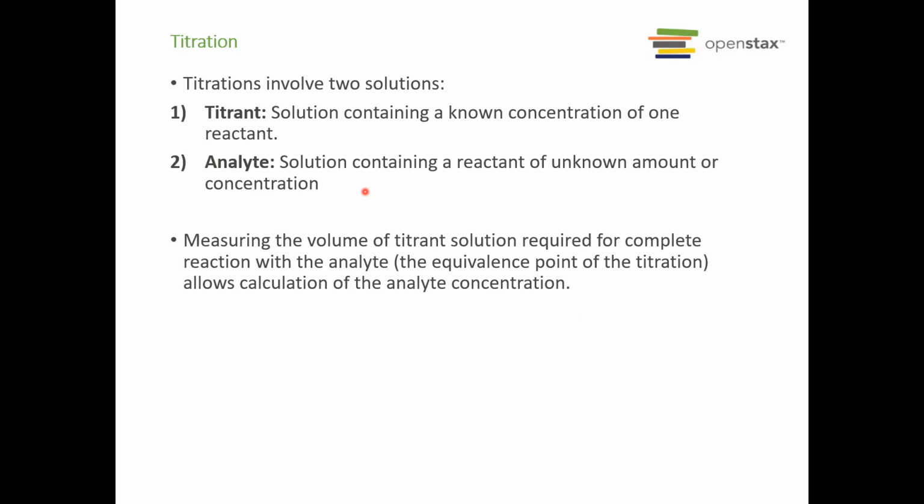But if you think about it, we had two solutions. One of them was the sodium hydroxide, and one of them was either vinegar or KHP, potassium hydrogen phthalate. We also had one in a burette and one in a flask. The burette versus flask part doesn't really matter. But the titrant is the one that we know the concentration of.